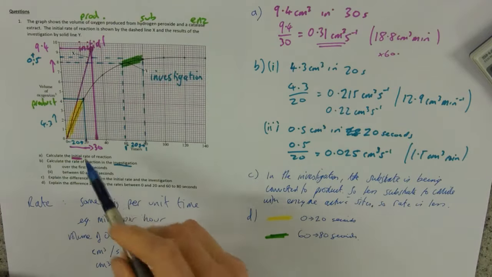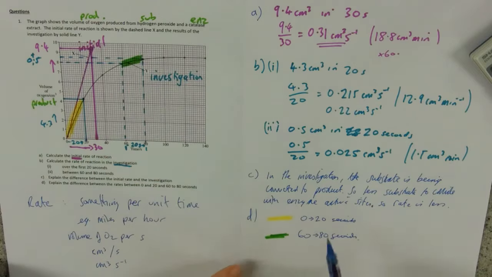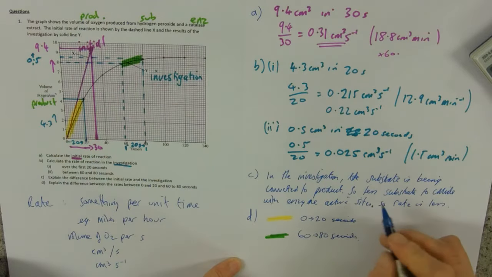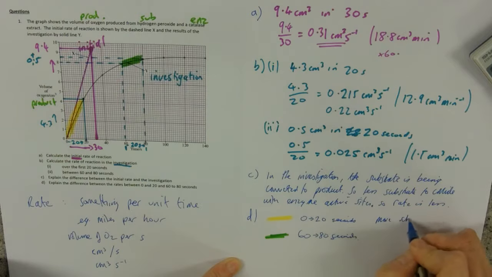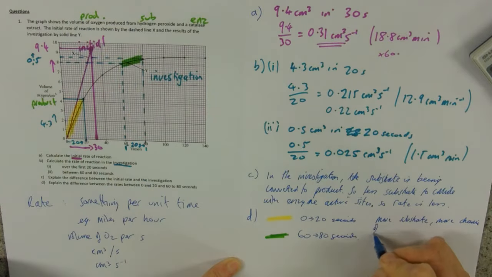So the rate at the start, more substrate. Essentially more substrate, more chance of a collision.